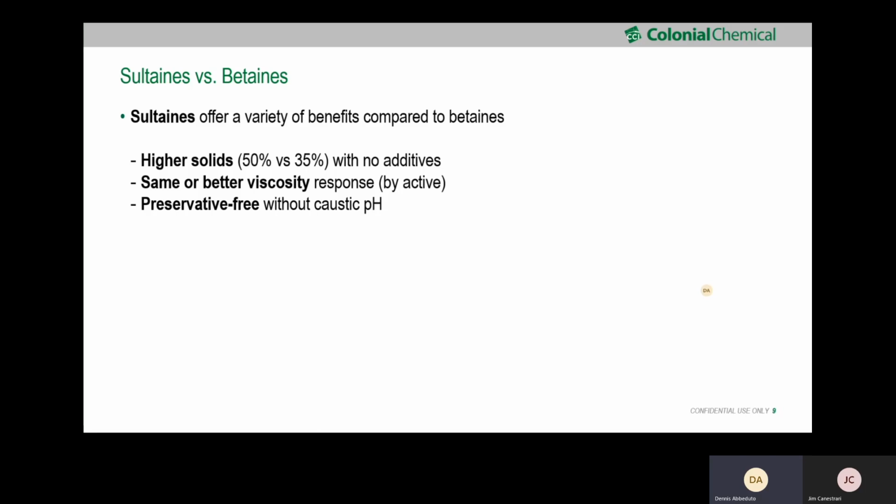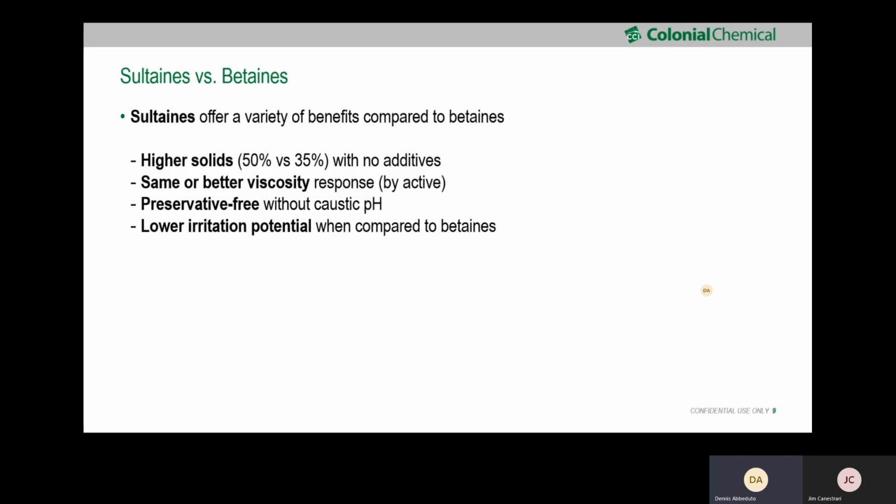Sultaines do not require any of that higher pH to do that because of the higher solids, a little bit higher salt as well. So we're reducing water activity, increasing salt concentration, and the finished product is inherently better self-preserving.